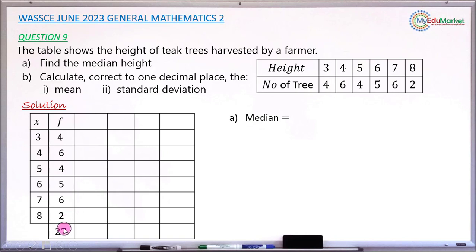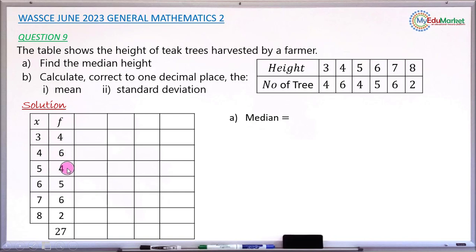If there were 27, then the tree in the middle position would be tree number 14. And from this frequency, I can determine which tree is number 14 and what its height is. So I have 4 trees that were 3 meters each. I have six trees that were 4 meters each. So if I count them all from those that are 3 to those that are 4, I have 10 of them.